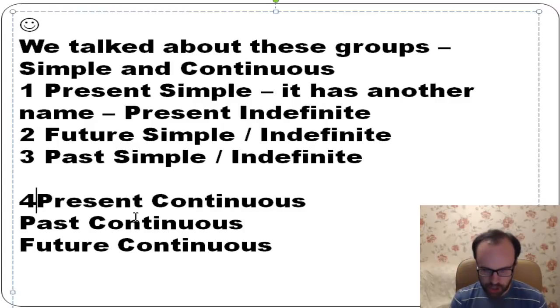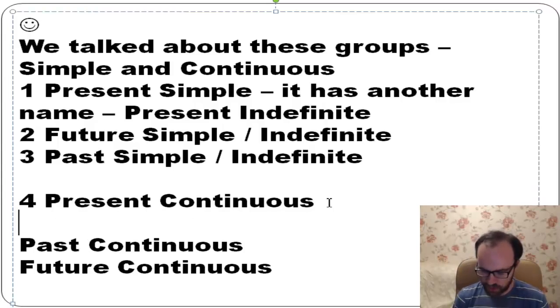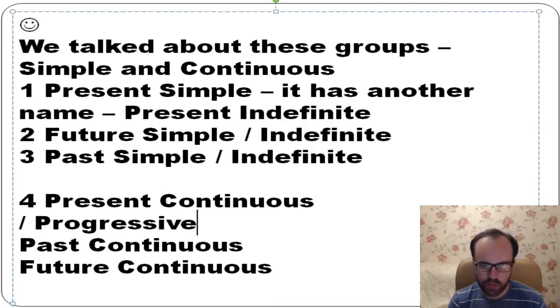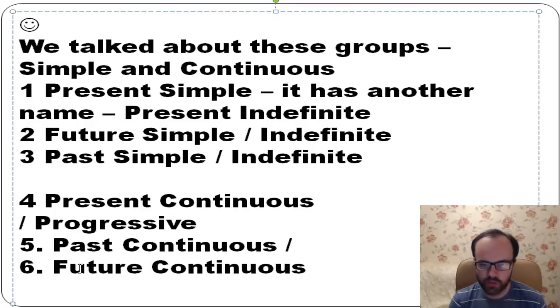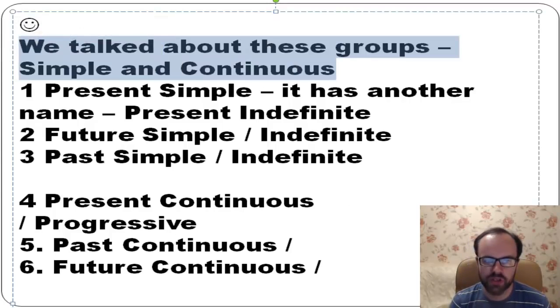And you see present continuous. Sometimes you can meet present progressive, past continuous, or past progressive, future continuous, or past or future progressive. Good. So very good. We talked about these very important groups.